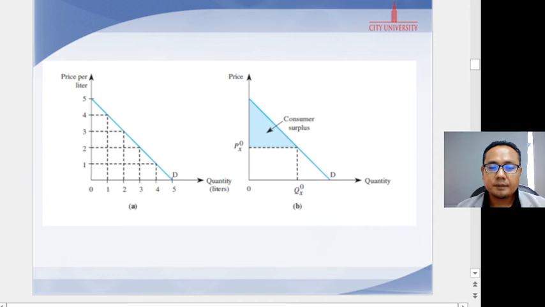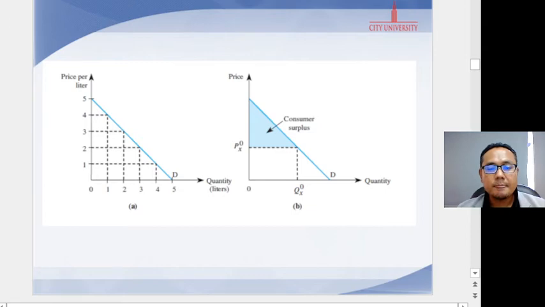To find your total value or benefit of 2 liters of water, we simply add up the maximum amount you are willing to pay for each of these drops of water between 0 and 2 liters. This amount corresponds to the area underneath the demand curve in graph A up to the quantity of 2 liters.